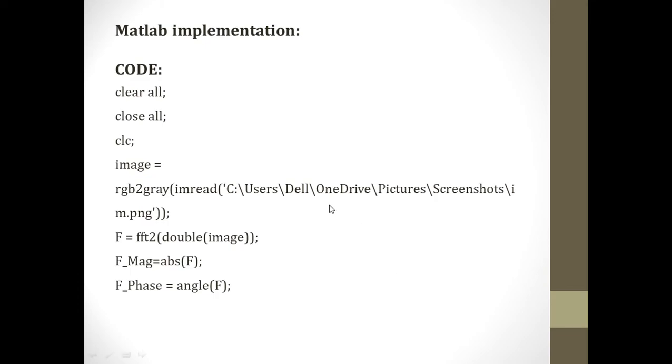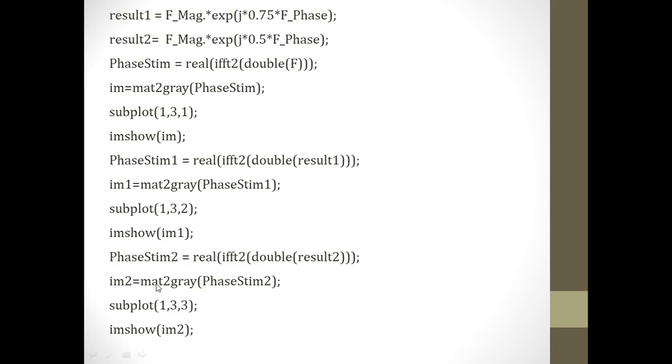Let us clearly understand this whole change in phase angle using Matlab. First, let us read an image given in the book. After that, compute the DFT of the image. After computing DFT, we can get the magnitude and phase of the image. So, after computing the phase, we multiply the phase by 0.75 in one case and we multiply the phase by 0.5 in the other case.